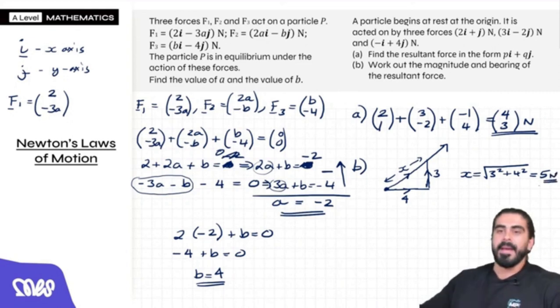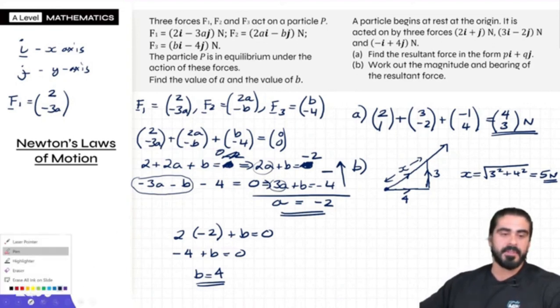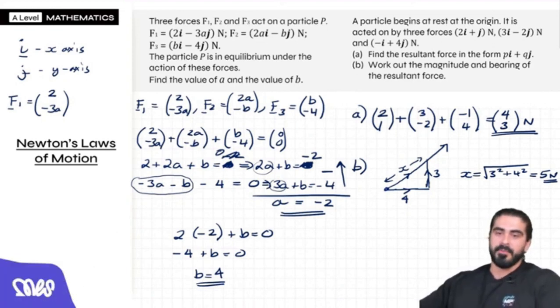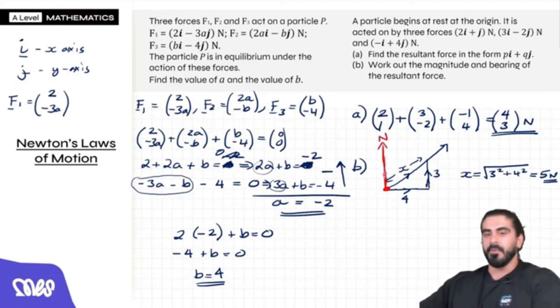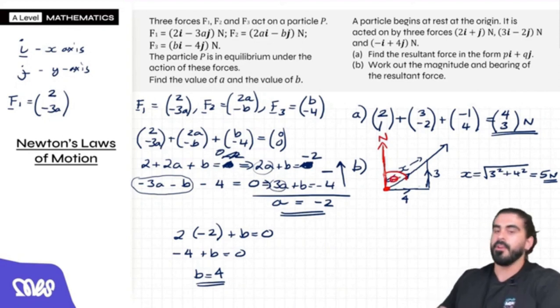Magnitude. And then bearing. We know bearing means relative to north. So if the particle is here, it's saying relative to north, what direction is it traveling in? So we have to draw a north line. And it's asking for this angle here, theta. We know that's what bearing means.